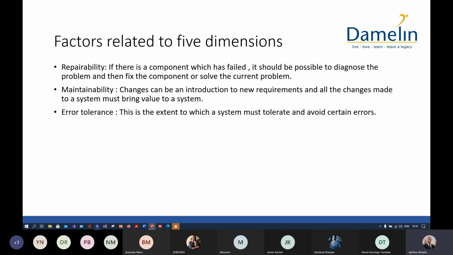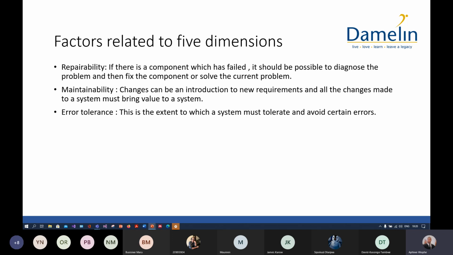So there are other factors closely related to these dimensions, apart from the 5 dimensions we spoke about. Also repairability. If there is a component which has failed, it should be possible to diagnose the problem and then fix the component or solve the current problem.